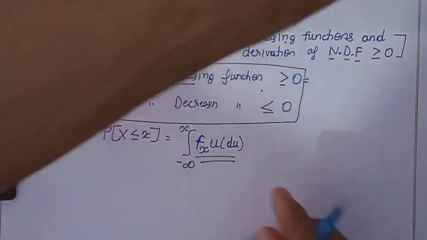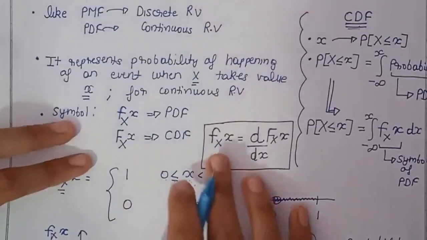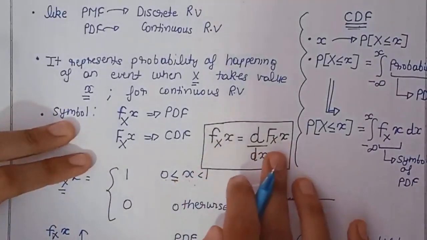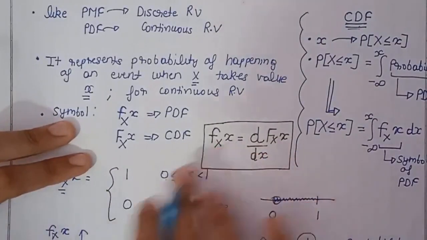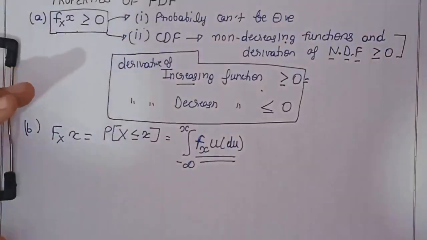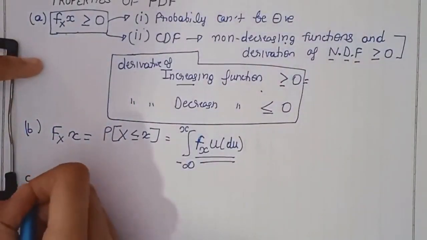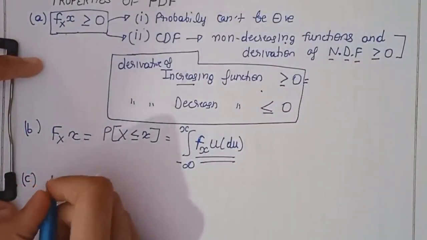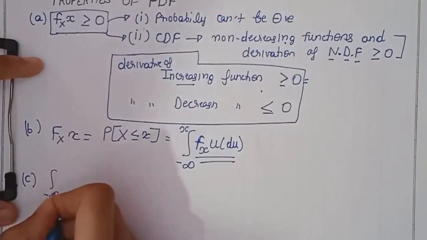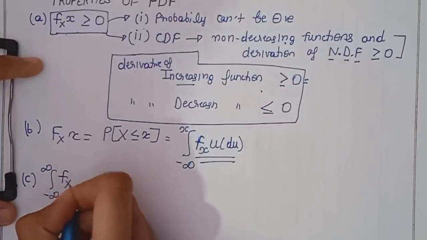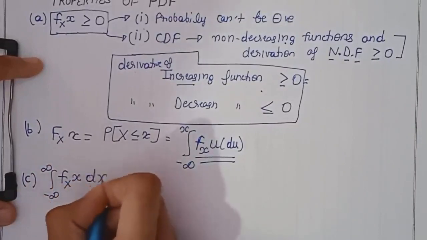This can be understood with this property. Since the PDF was the derivative of CDF, the CDF is the integration of the PDF. Now the third property of PDF is that the integration of PDF from minus infinity to infinity is equal to 1.